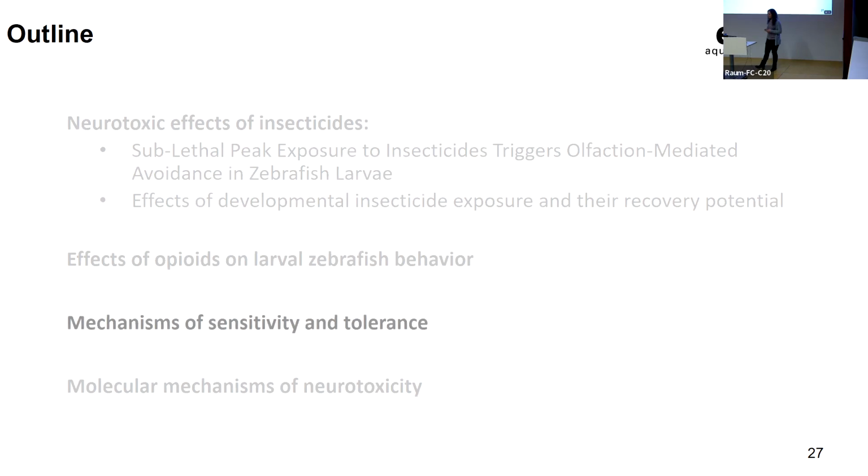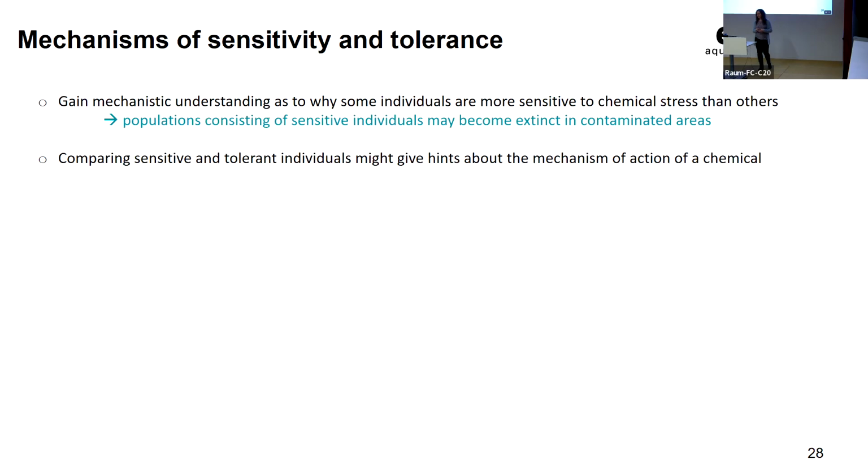And so in the next project, we were interested in why some individuals are more sensitive to chemicals than others. Such differences are very important to understand because they can tip the scale between succumbing or adapting to a threat.